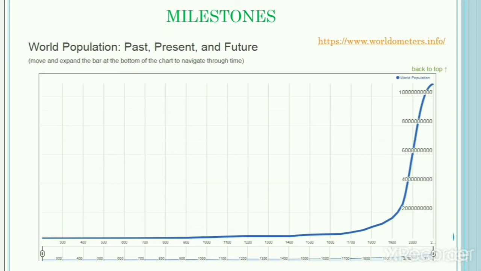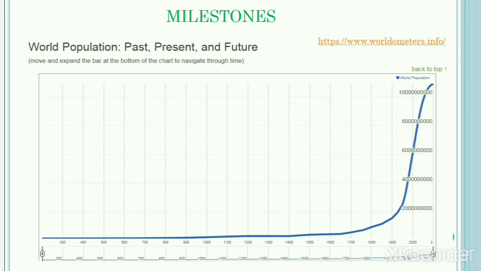With the advancement of the Industrial Revolution, thereafter the population started growing at a rapid pace. The second billion of population was achieved within 130 years, in the year 1930. It grew to the third billion within another 30 years, in the year 1960, and the population reached the fourth billion in the year 1974, within a short span of 15 years.